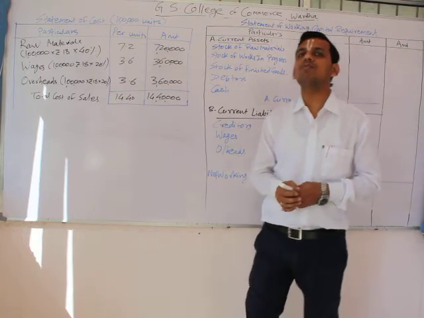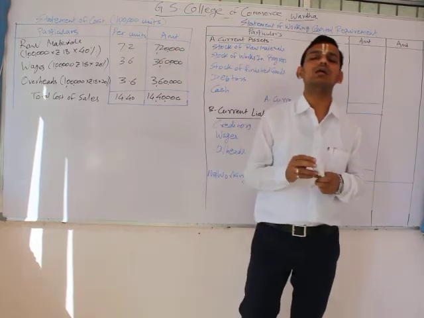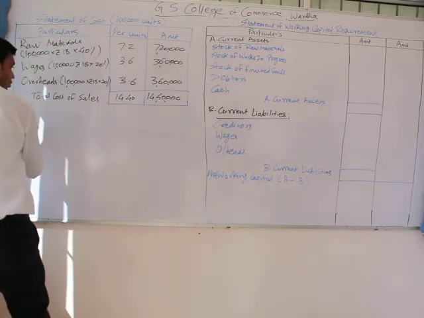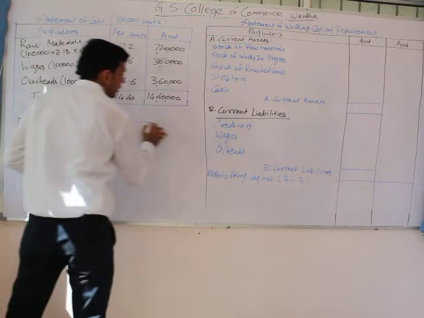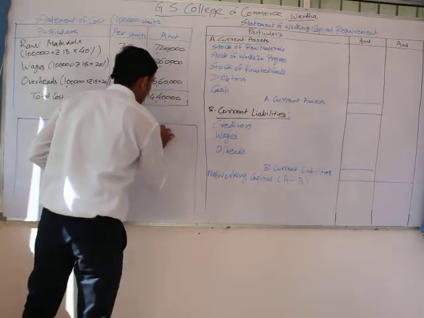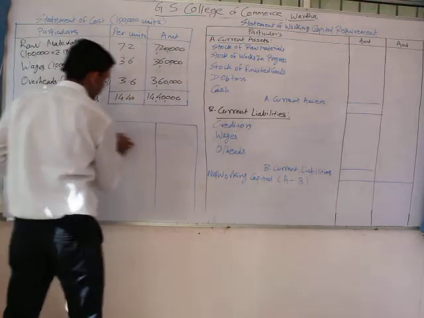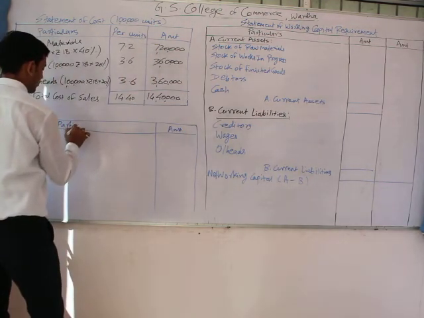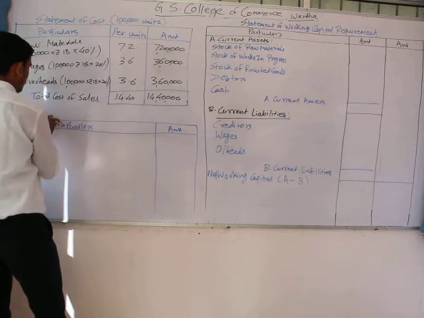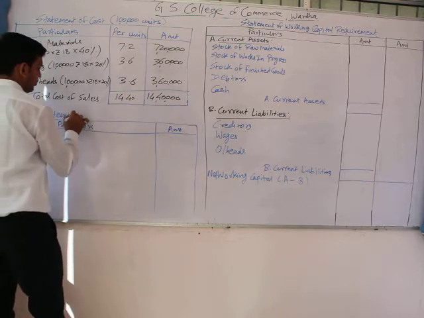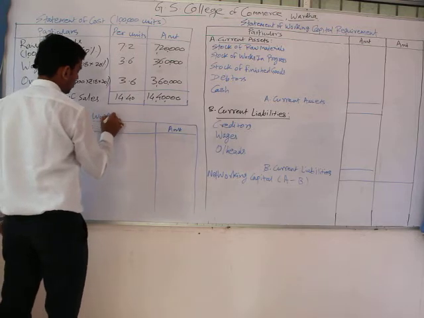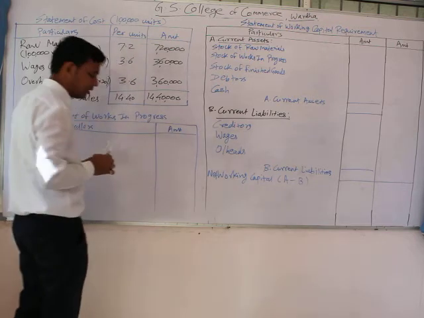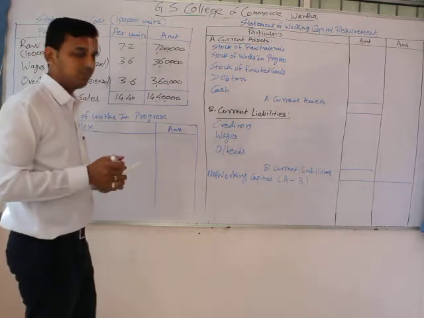At this point, when no information is given related to the completion of the works in progress, we would form a statement of calculation of works in progress, because we have to take different amounts for different things.